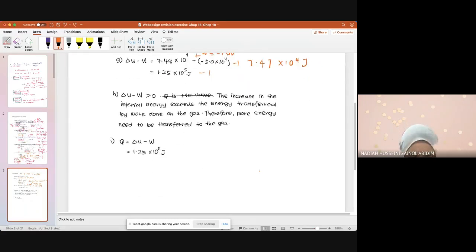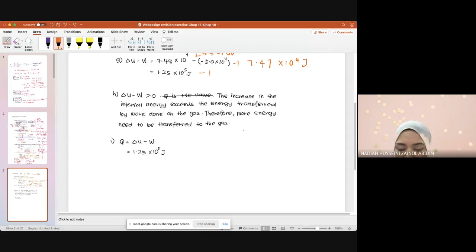Okay, so here H, the question is, must thermal energy, okay saya sebutlah, must thermal energy be transferred to gas during constant pressure expansion or be taken away? Maksudnya, does the gas absorb thermal energy or does it release thermal energy is what the question is saying.